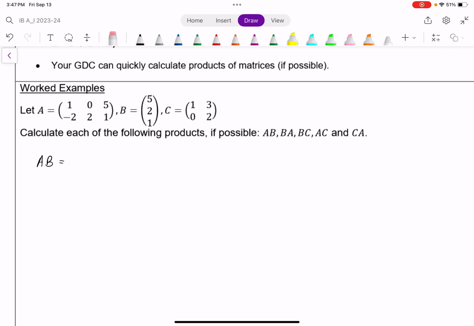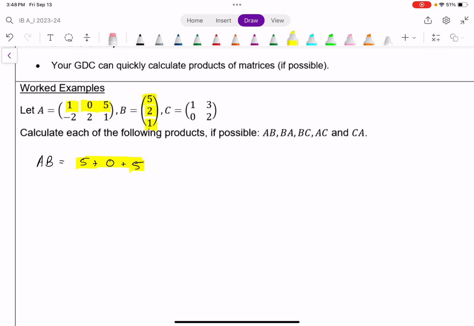So going back to the start, I have 1 times 5, which is 5, plus 0 times 2, which is, oh wait a minute, what am I saying? Bad math teacher. That's a 0.